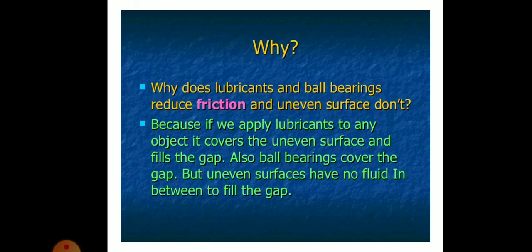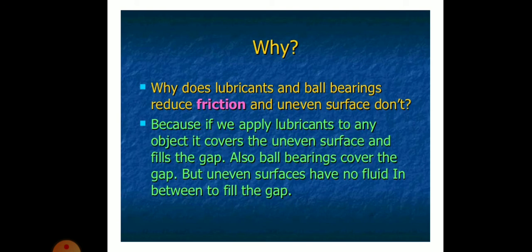So why do lubricants and ball bearings reduce friction and uneven surfaces don't? Because if we apply lubricants to any object, what happens? It covers the uneven surface. It fills the gap.